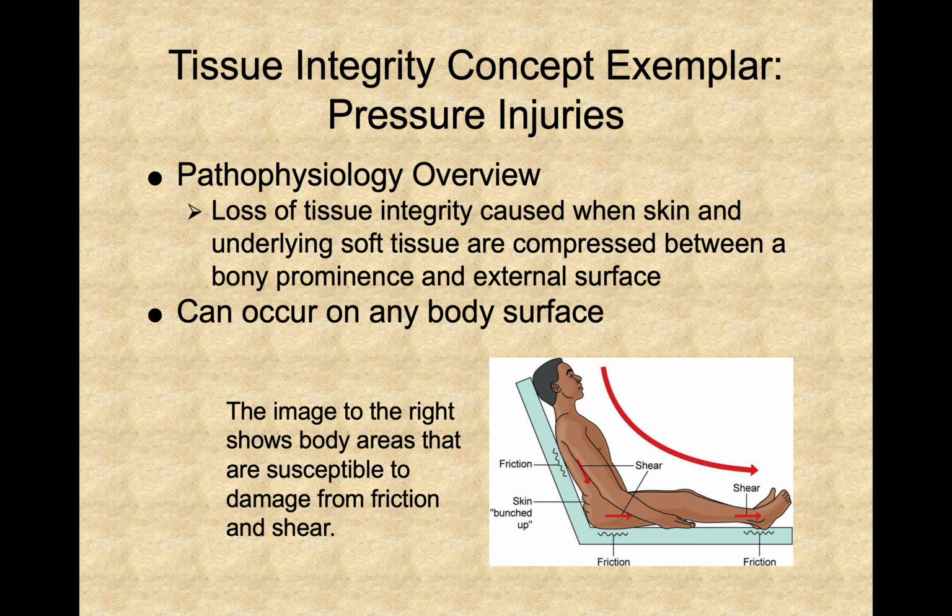So when we talk about pressure ulcers, our first concept here, pressure injuries, there's something going on, usually external, but can be internal issues that contribute to this as well, that's leading to a breakdown of the skin.